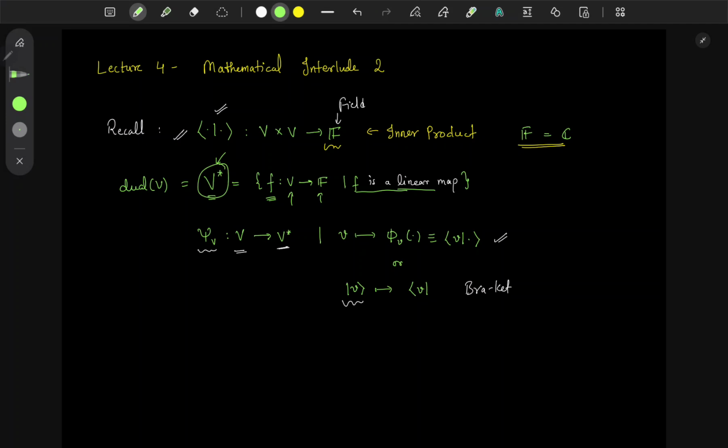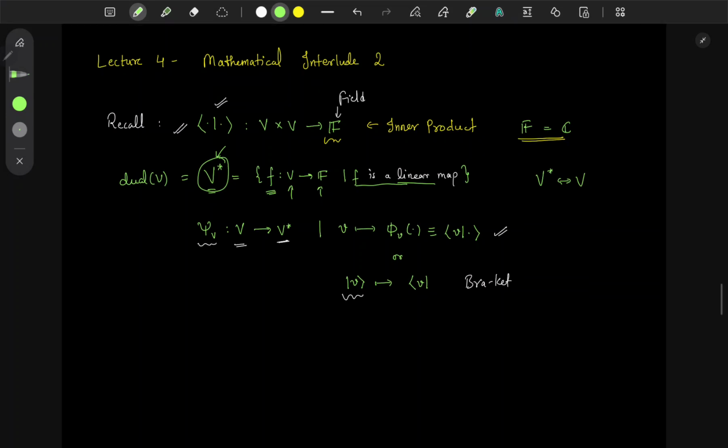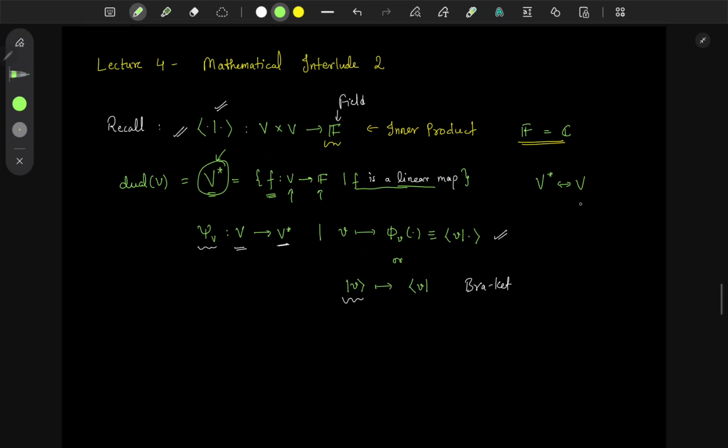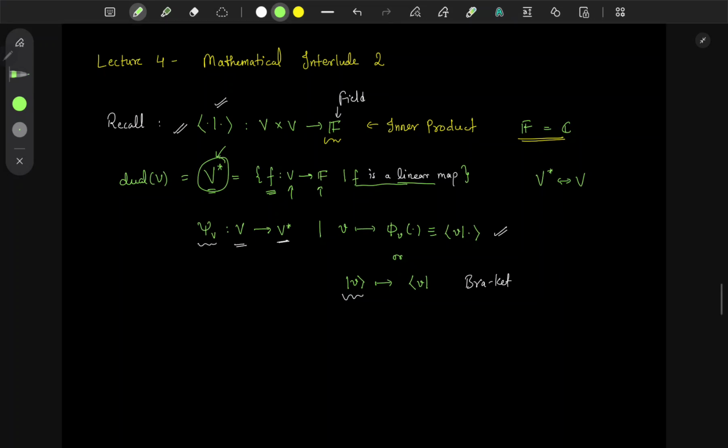Now this V star has a one-to-one correspondence with the set V. For every element in V there exists an element in V star, and that map is not really canonical, in the sense that there is no direct correspondence unless you have an inner product defined on it. Once you define an inner product on the vector space V, you can find a corresponding element in V star.